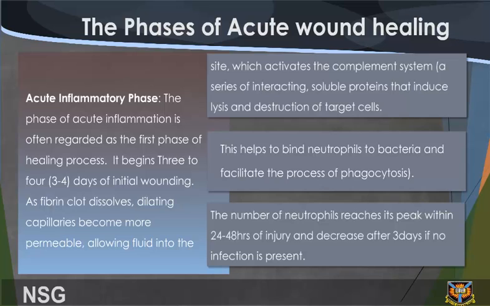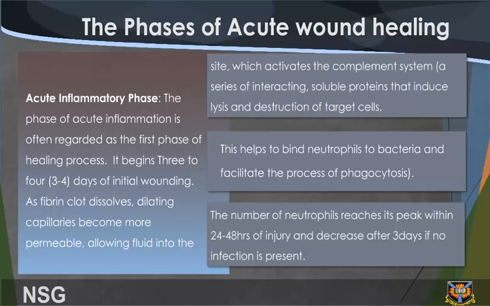As the fibrin clot dissolves, dilating capillaries become more permeable, allowing fluid into the site, which activates the complement system, a series of interacting, soluble proteins that induce lysis and destruction of target cells. This helps to bind neutrophils to bacteria and facilitates the process of phagocytosis.